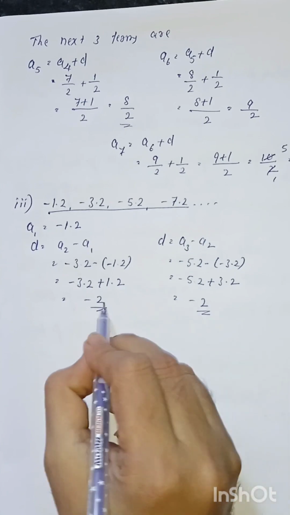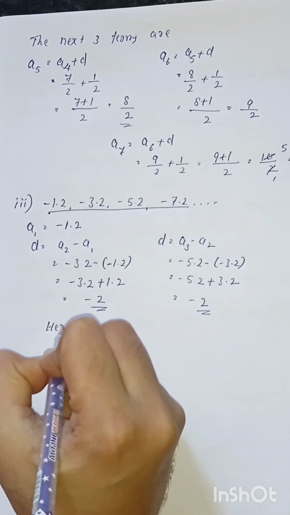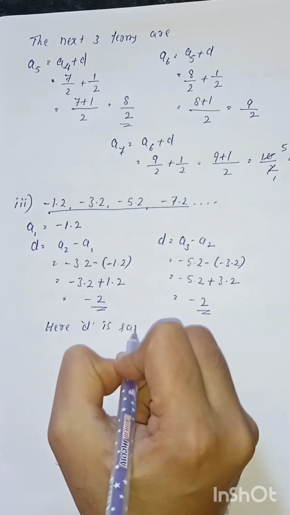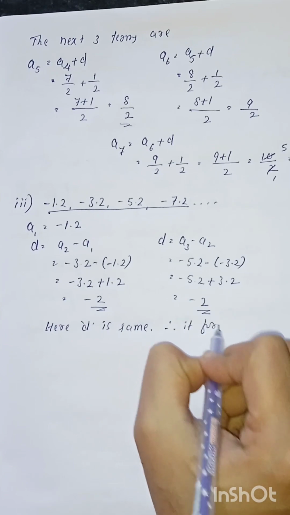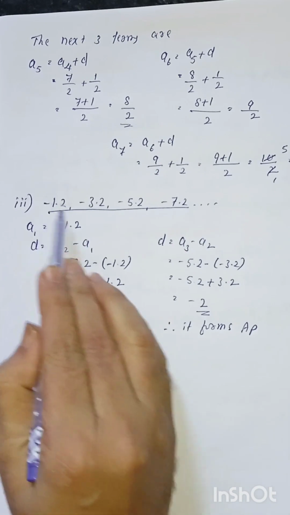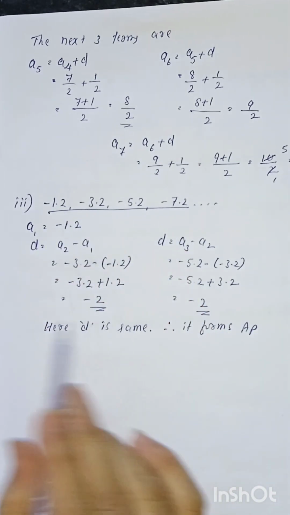Yes, the common difference is the same. Here D is the same, therefore it forms an AP. Here A1, A2, A3, A4. So we can write the next three terms from A5.